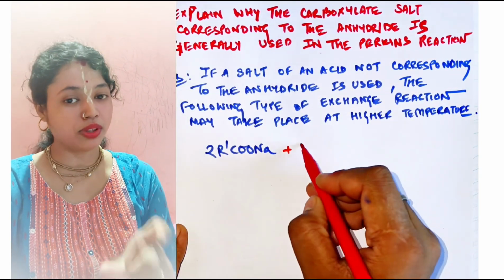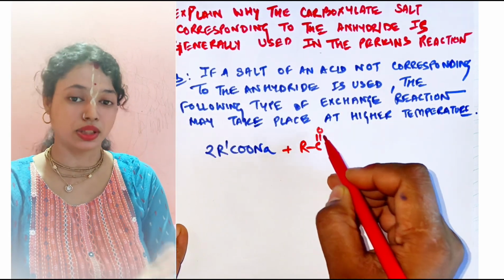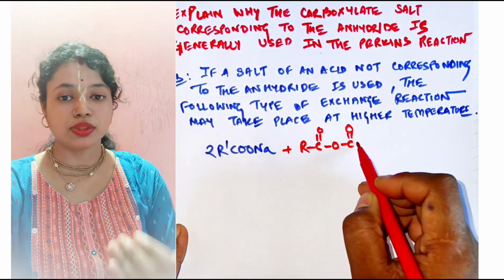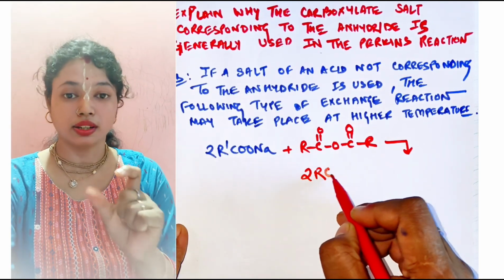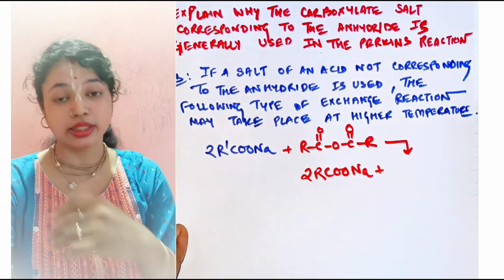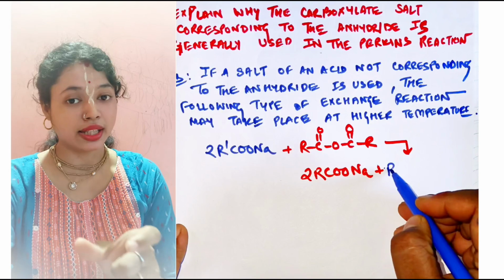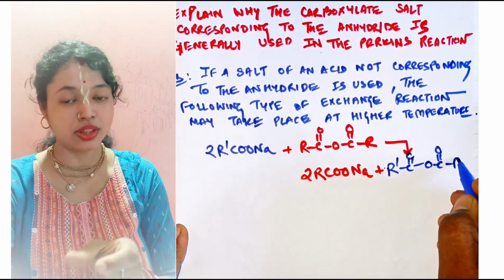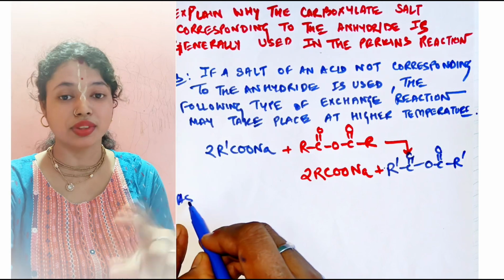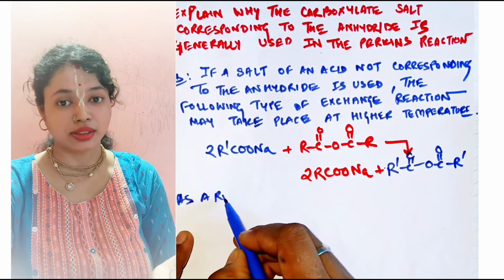Now suppose different alkyl groups are used, or a different salt other than the one corresponding to the anhydride we are using. In that case the alkyl group of the salt will exchange itself with the alkyl group of the anhydride.